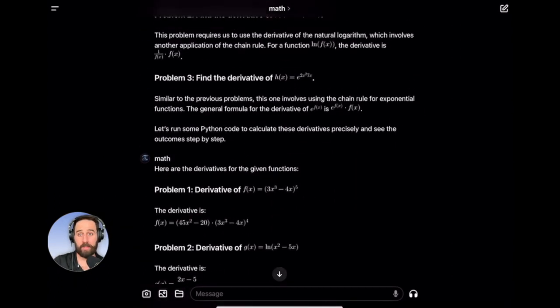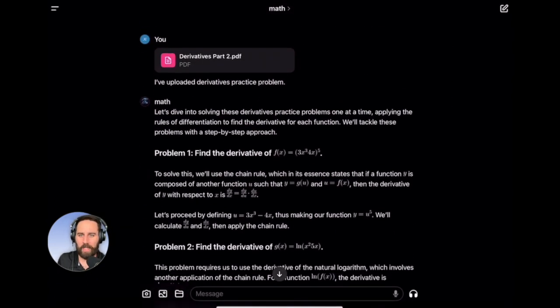So I've uploaded the document, and this is wild. I used the Math GPT. In previous videos, I know I've used Tutor Me, I've used Math AI, I've used regular ChatGPT 3.5, the non-paid one, and ChatGPT 4.0, the paid version. I wanted to try this one. This one's pretty interesting.